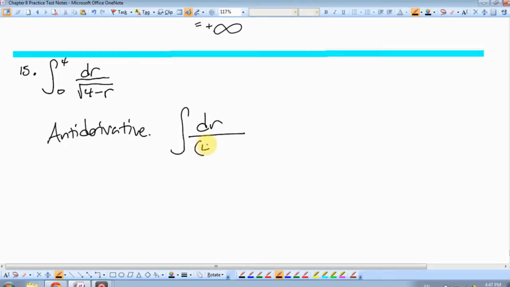You make it 4 minus r to the negative 1 half. And then you get 1 half. Okay. Can I integrate this normally?